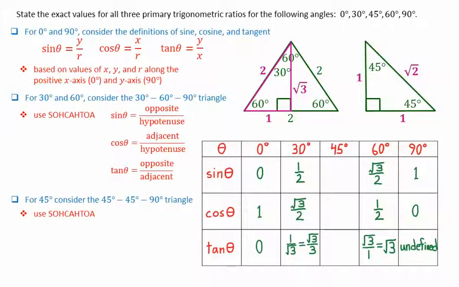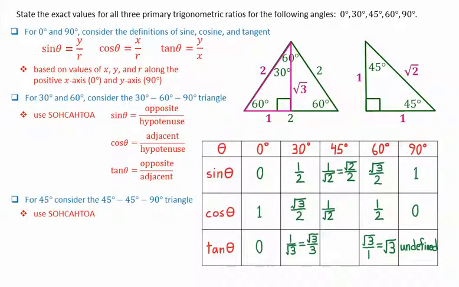For the 45 degrees, we're going to look at the 1, 1, root 2, or the 45, 45, 90 triangle. Sine of 45 degrees, the opposite side divided by the hypotenuse, 1 over root 2, which simplifies to root 2 over 2. Same idea here for cosine 45 degrees.